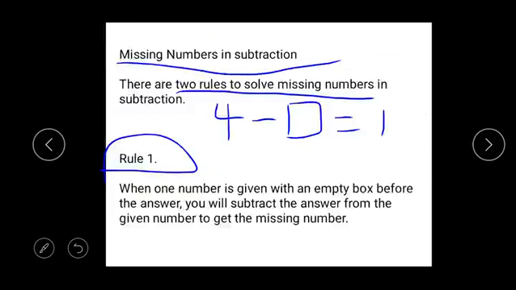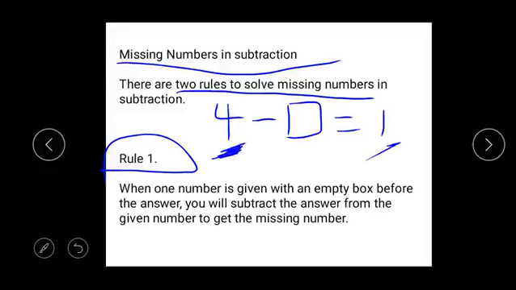You will subtract the answer from the given number. The number here will always be the biggest number. So you will subtract the answer, which is a small number, from the biggest number to get the missing number.